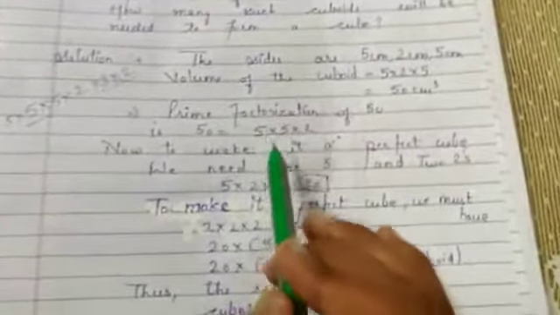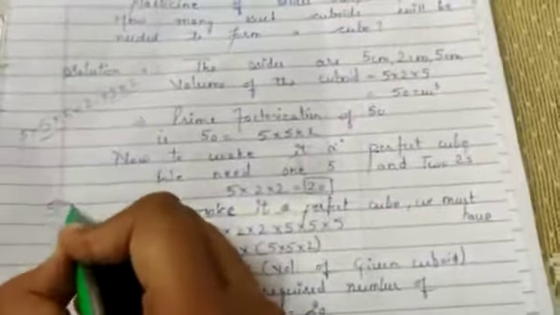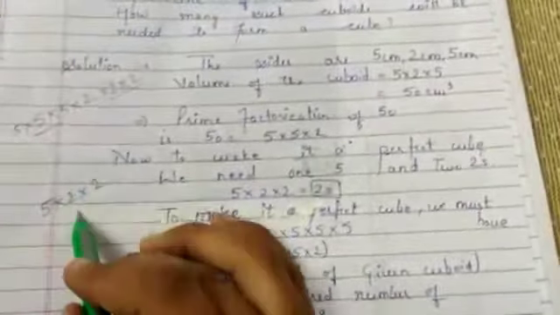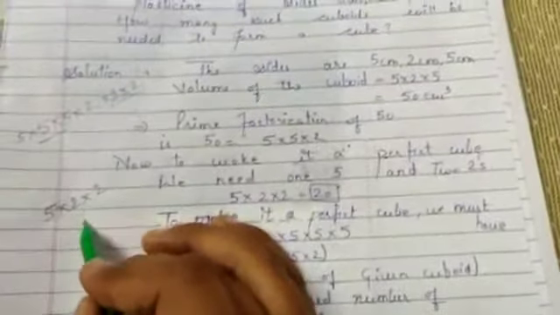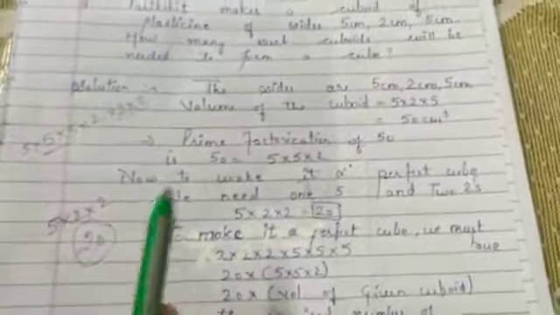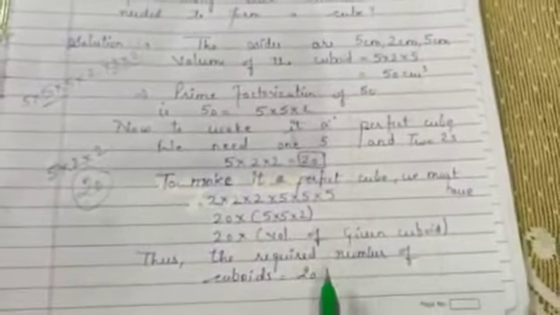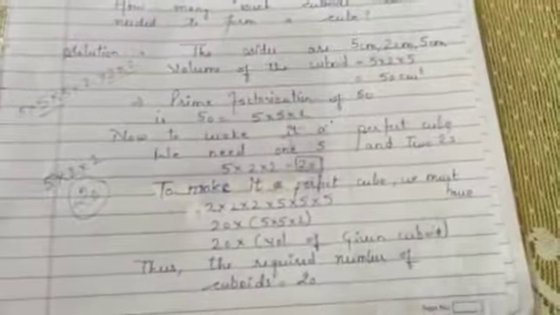Now to make it a perfect cube, we need one 5 and two 2's. So 5 2s are 10 and 10 2s are 20. So directly we have our answer that we need 20 more cuboids. On solving it we get the required number of cuboids is 20.